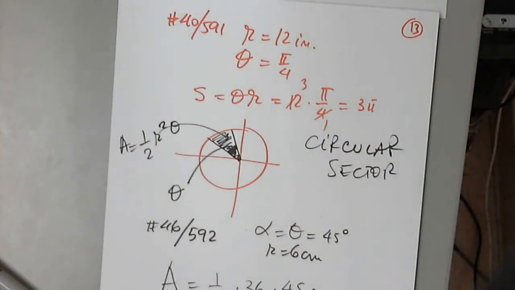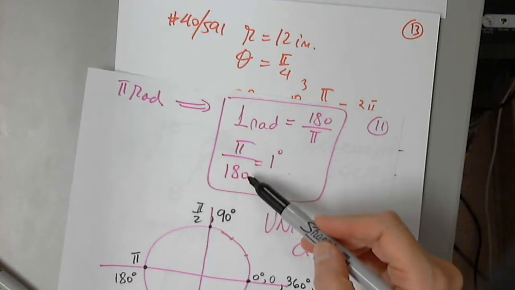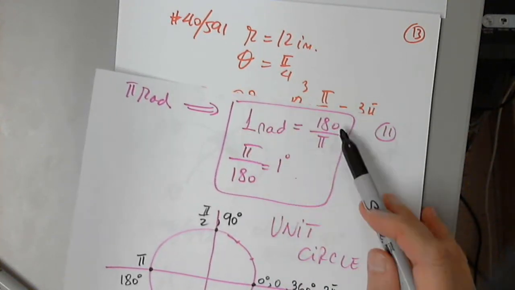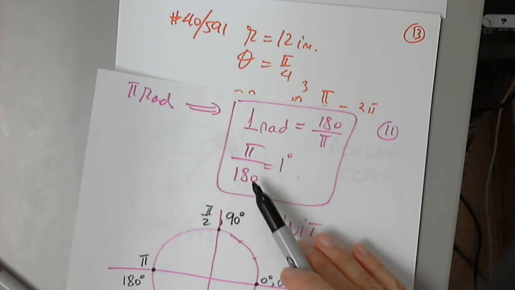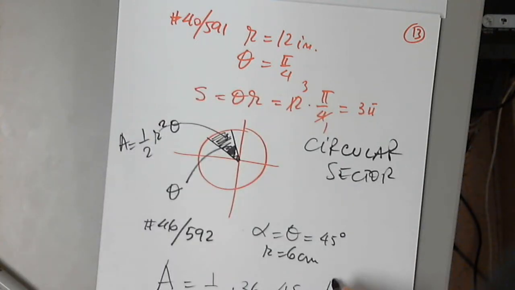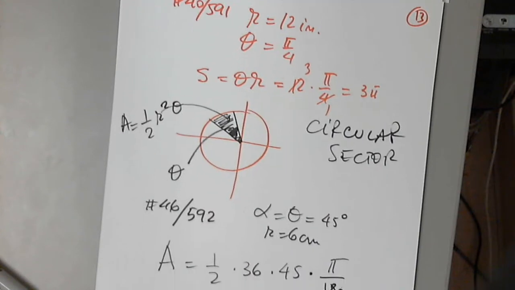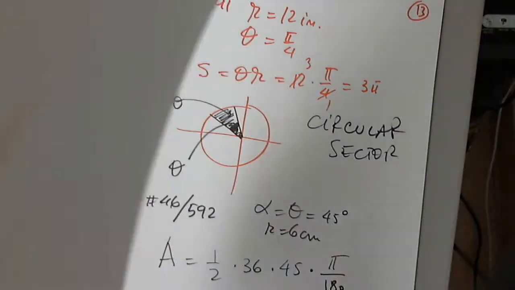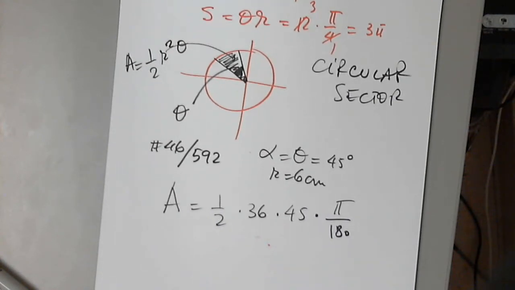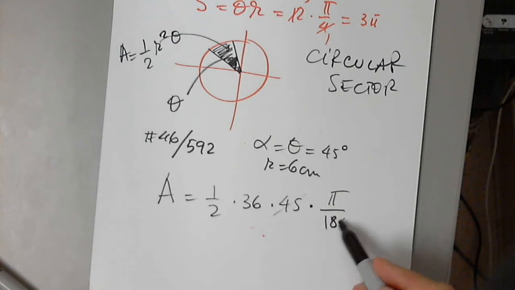So remember, 1 degree is pi over 180. 1 radian is 180 over pi. So we want to change 1 degree into pi over 180, so times pi over 180. We can simplify and then multiply and get a number here, or simplify first. Any questions?